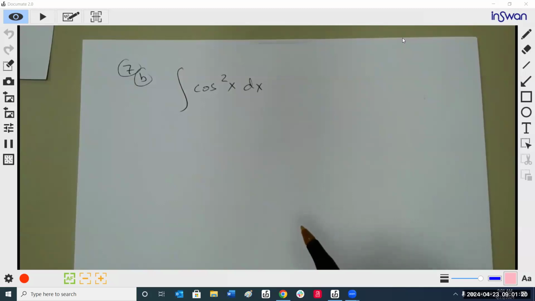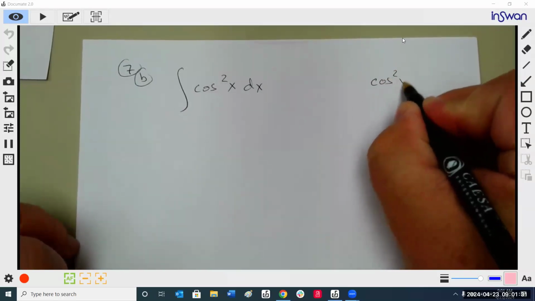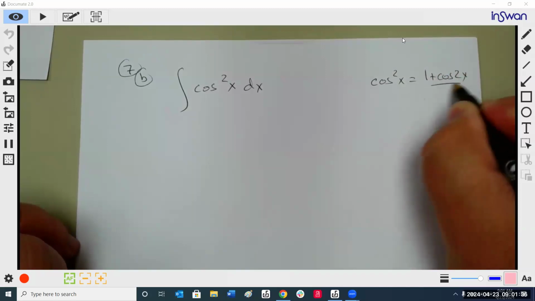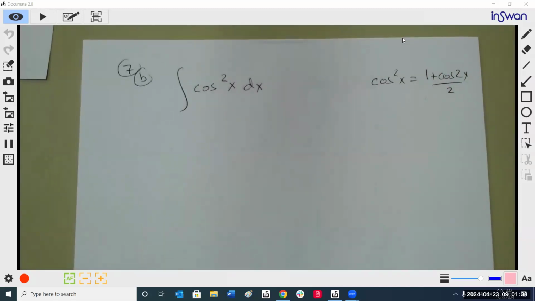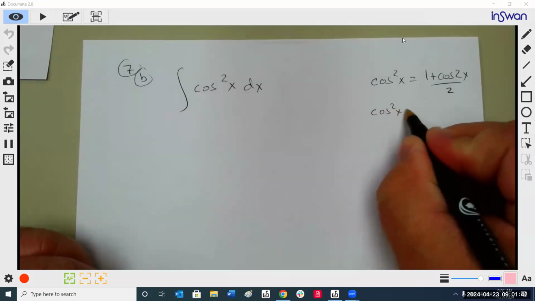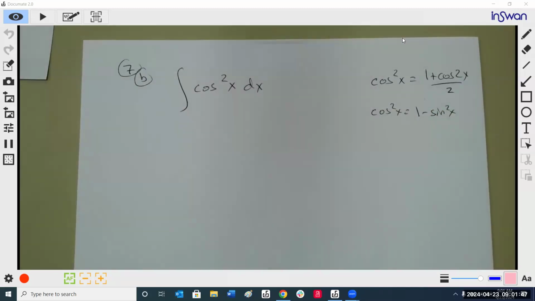It's cosine squared x. We could do it two ways. One way, we know that from our sheet, cosine squared x is 1 plus cosine 2x over 2. Or we know that cosine squared x is 1 minus sine squared x. We just did sine squared x, didn't we?